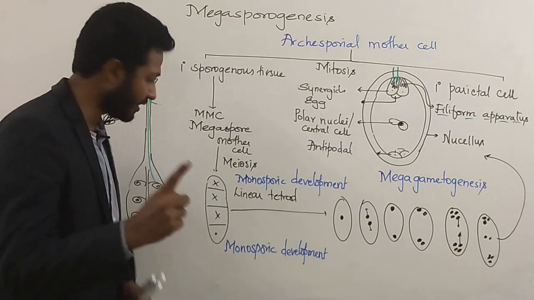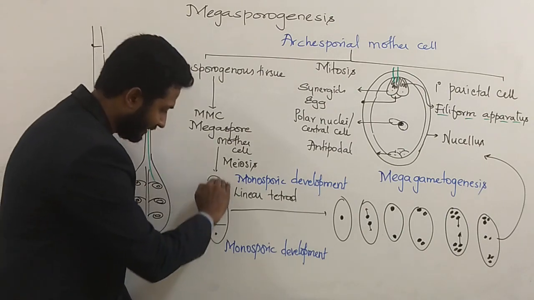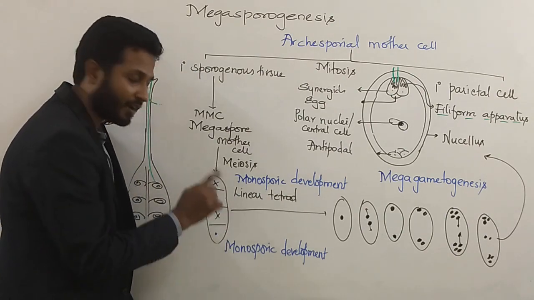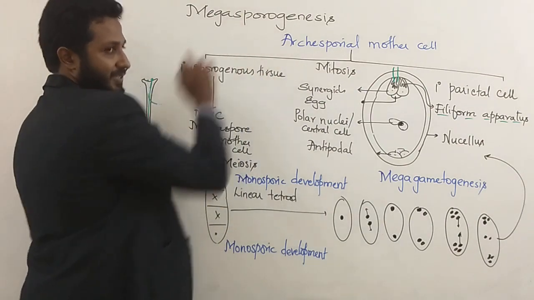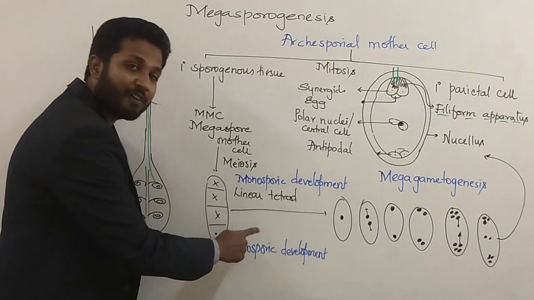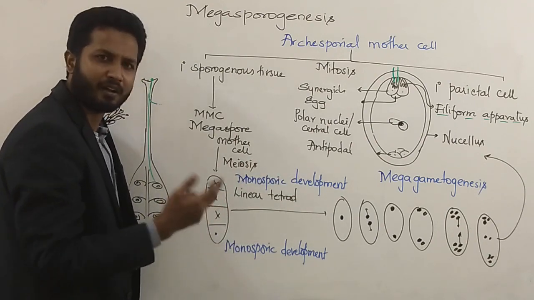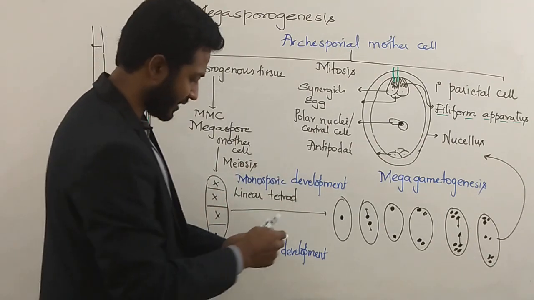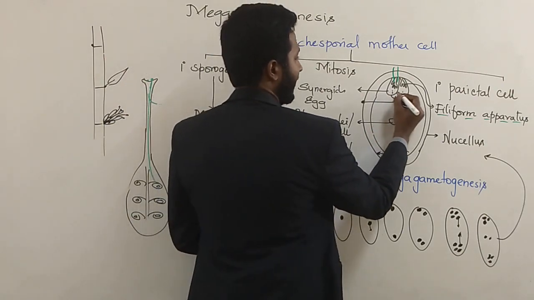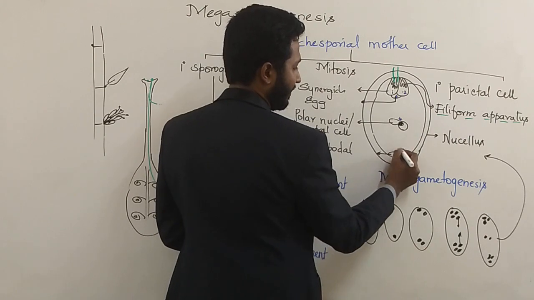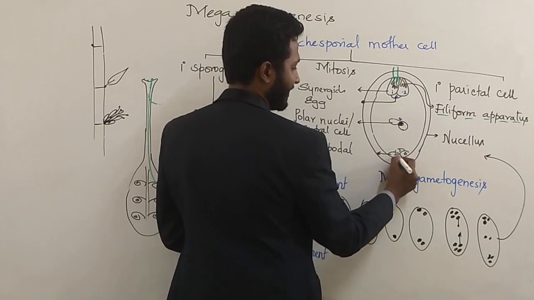So that was about megasporogenesis. Please make sure that you know this point, that till this region where you have the megaspore tetrad being formed, it is known as megasporogenesis. After this step, when you have the 7-celled 8-nuclei condition developed, where are those? Let us count this. Cell number 1, 2, 3, 4, 5, 6, 7.